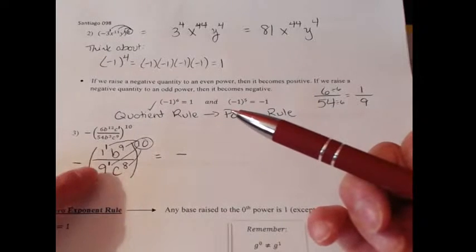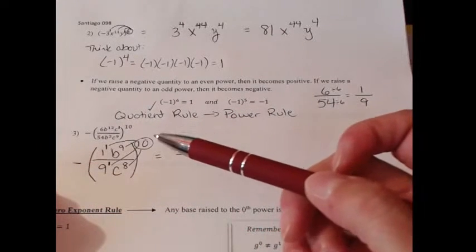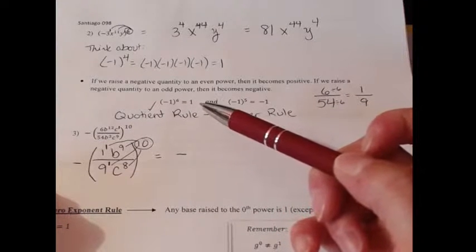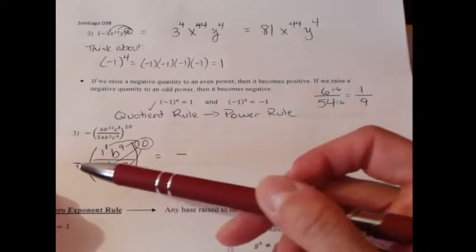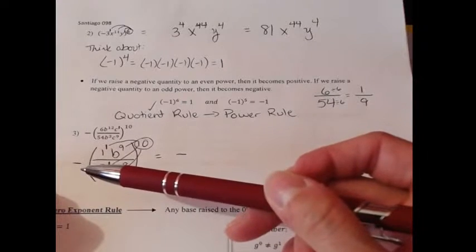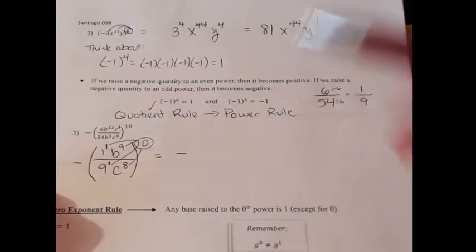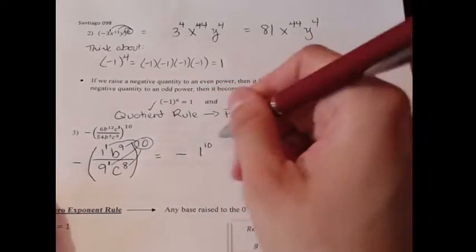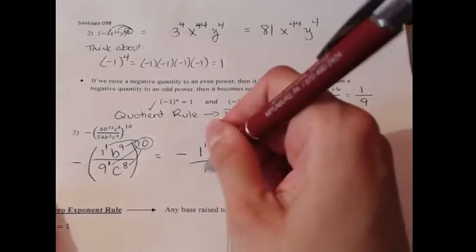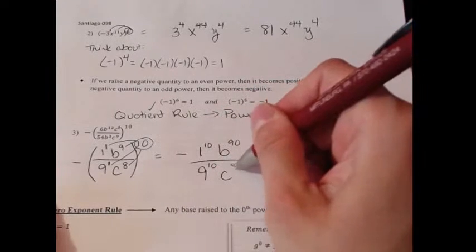If the negative were inside the set of parentheses and we were raising that to the 10th power, well, that's an even number, which means it would be a positive. But because the negative is in front of the entire fraction, it stays there, right? Think about the fact that you're just essentially going to bring the negative with this result. So we have 1 to the 10th power, b to the 9 times 10, which is 90, 9 to the 1 times 10, which is 10, and c to the 8 times 10, which is 80.